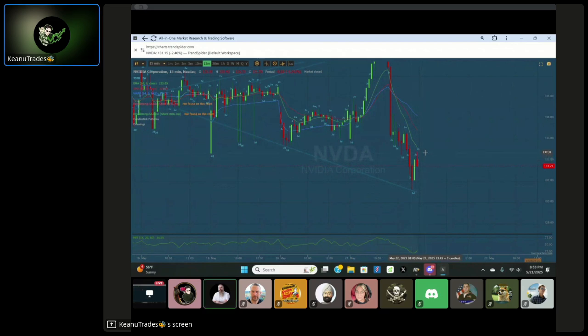Put your stop loss right back here at 132.38 for a tight stop loss in case it decides to come back. Now, on a 15-minute chart, you're good all the way to here. You're going to come through this range at least.